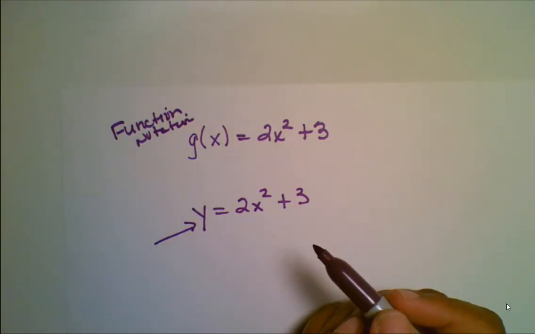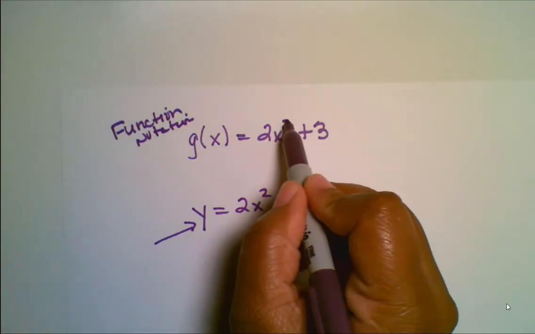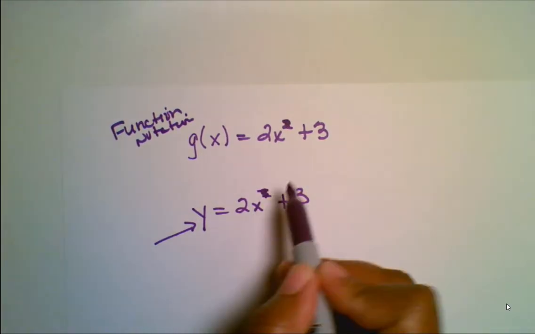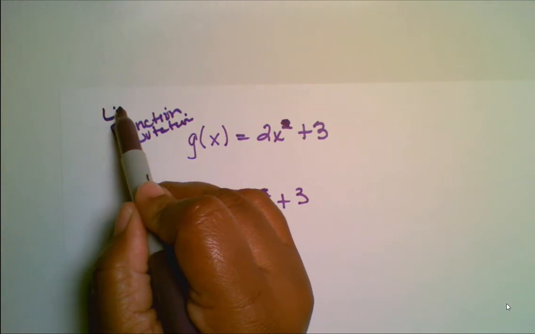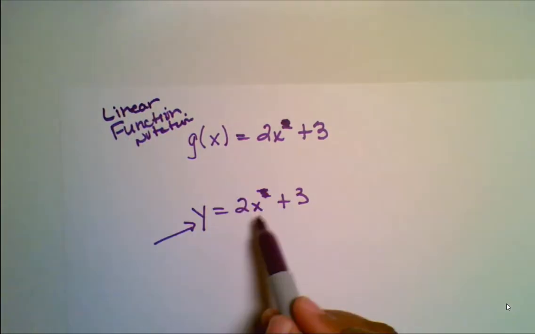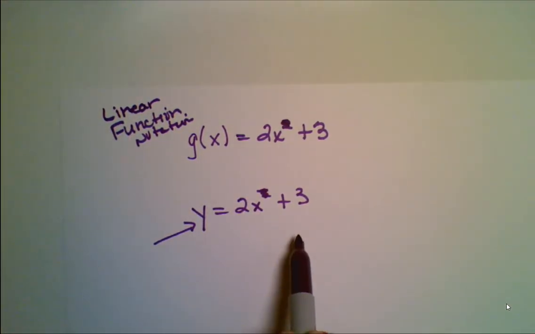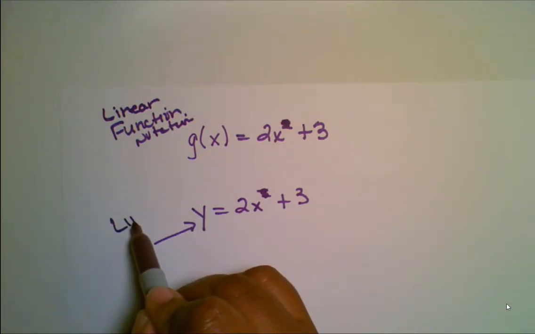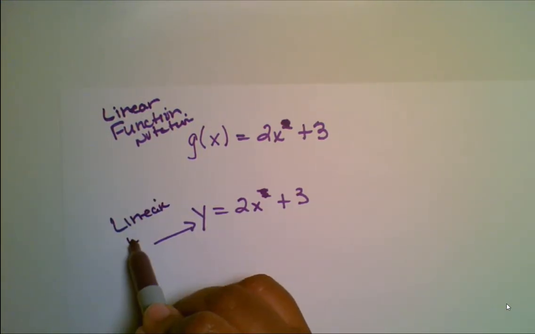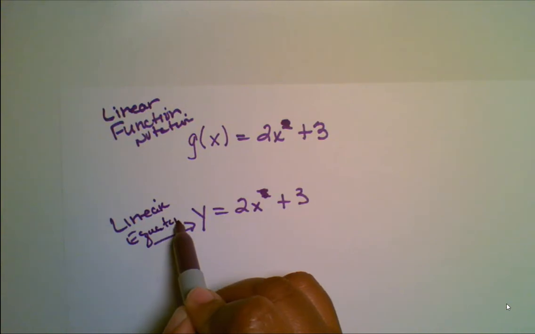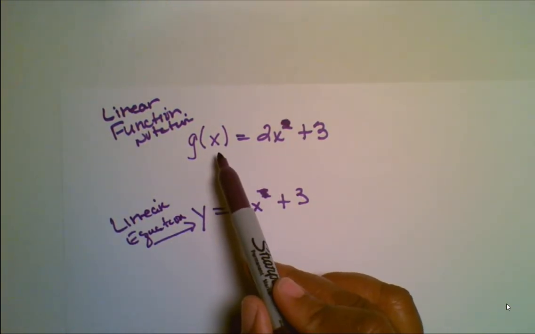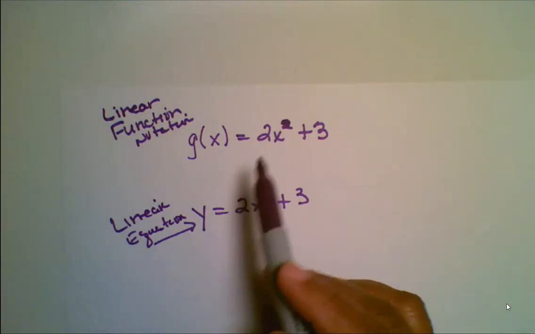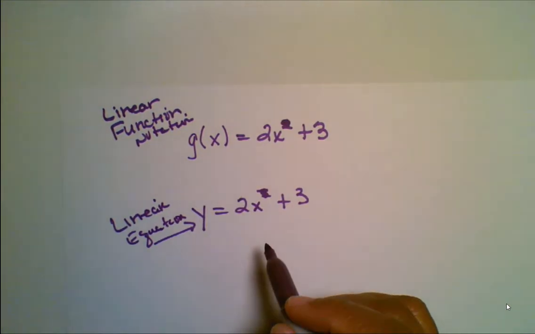It's not a function. If I took this exponent of 2 out, we would call this a linear function notation, whereas y is equal to 2x plus 3 we would call a linear equation. If you were to graph 2x plus 3, it doesn't matter if it's written in function notation or with y, your graph is going to be the exact same graph.